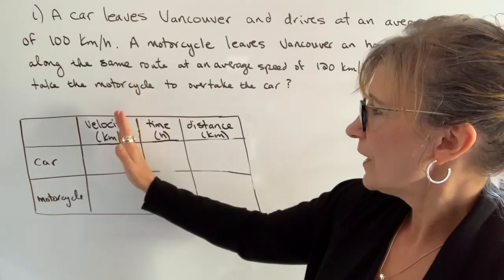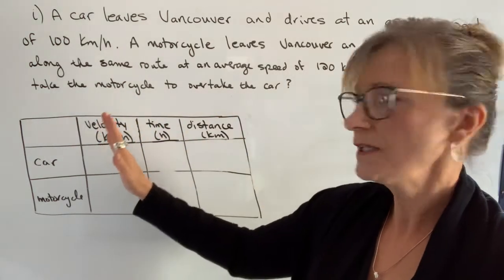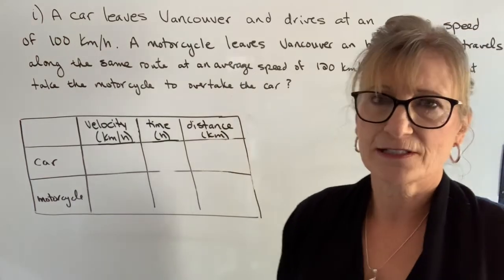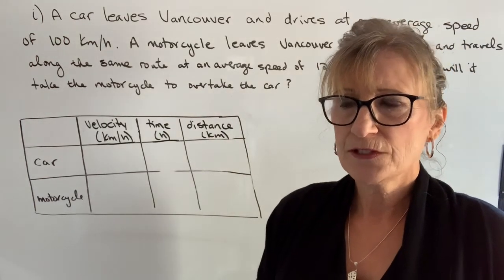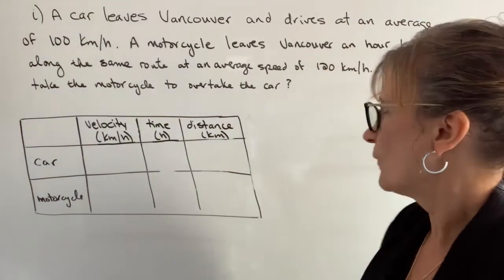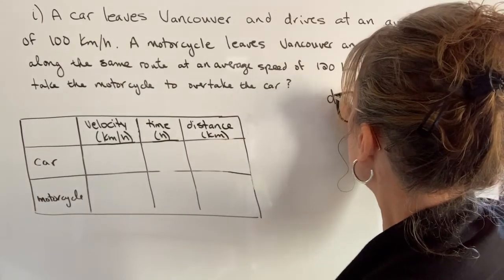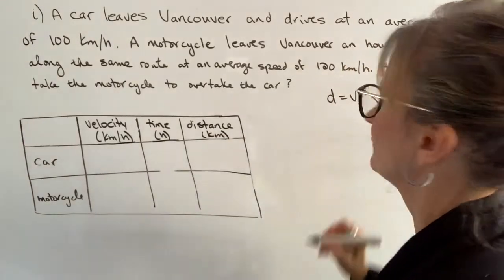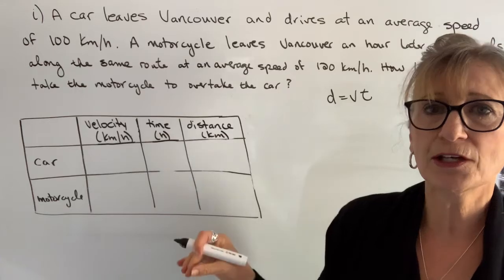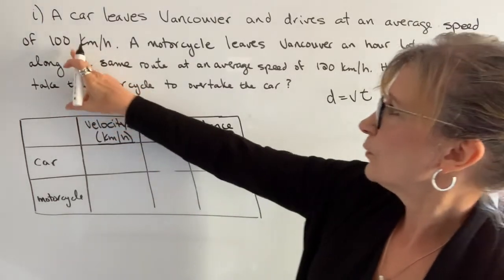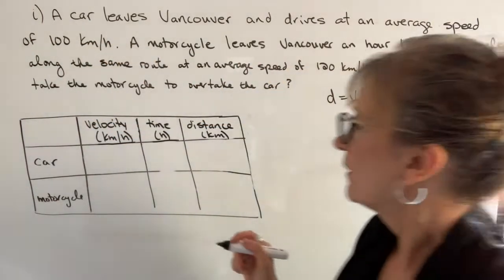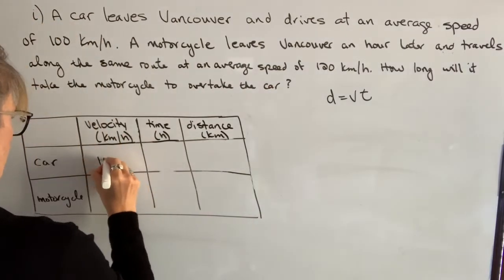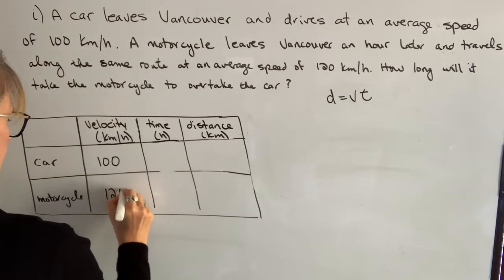The chart will also have 3 columns, one for velocity, one for time, and one for distance. And in conjunction with this chart, I'm going to use the relationship distance is equal to velocity times time. I'm going to start putting my known values in. Really, the only numbers I have here are the car's velocity and the motorcycle's velocity.